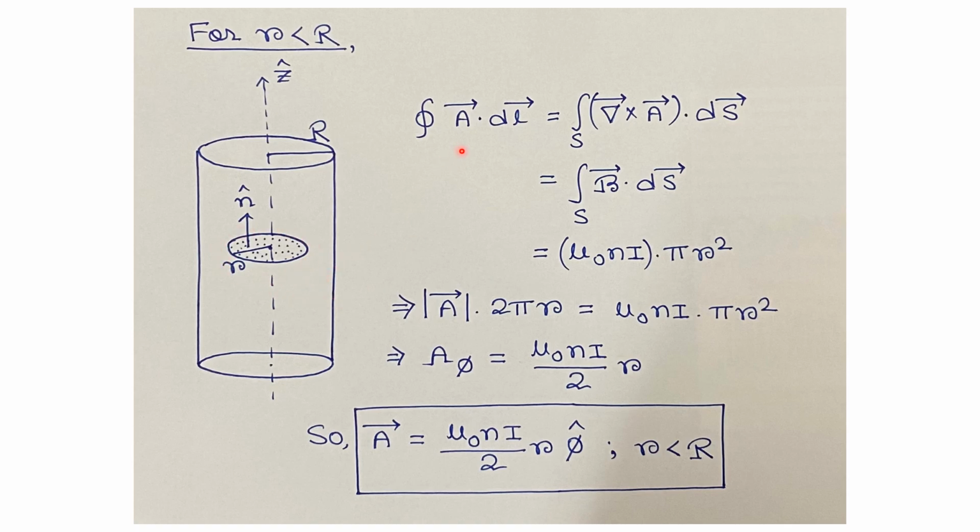So we can calculate this line integral as the magnitude of A vector multiplied by 2 pi r, where 2 pi r is the length of the circular boundary. So our vector potential at position small r will be mu naught N I by 2 multiplied by small r, and in the vector form it will be mu naught N I by 2 multiplied by r along the phi cap direction.